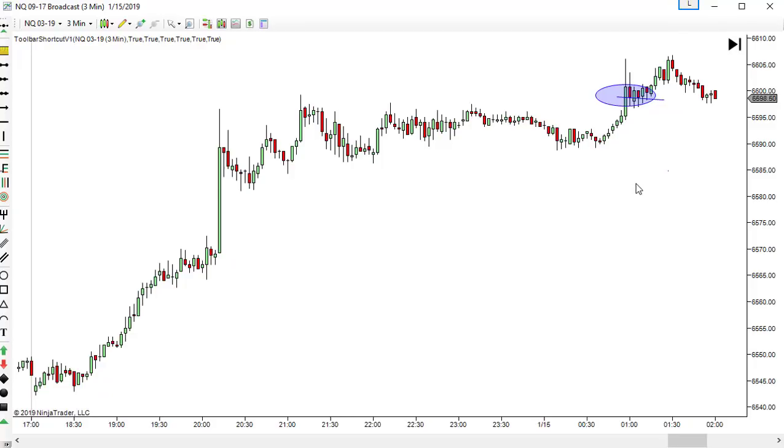Now the question becomes, how do we handle that? Once this thing makes a new high, you definitely want to be at entry if you're going to try to get more. You don't want it to come back to your entry in a perfect world. We wouldn't expect that with a classic trade.